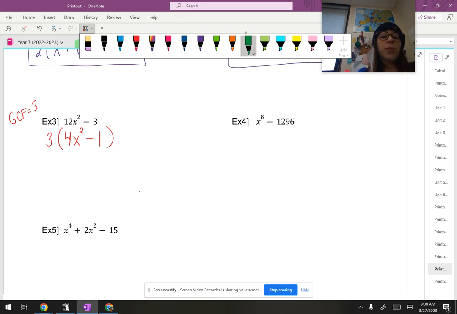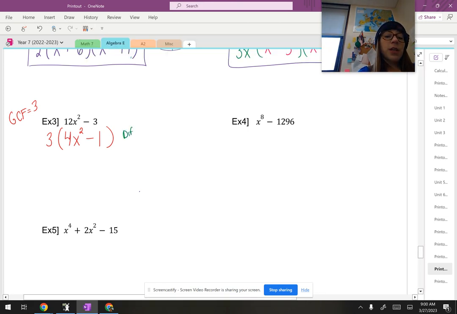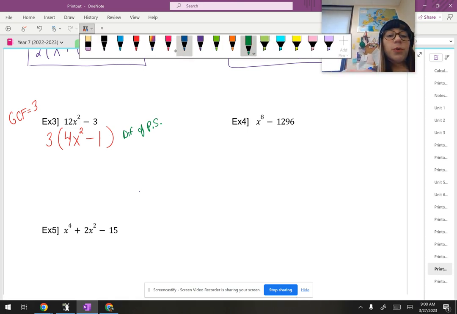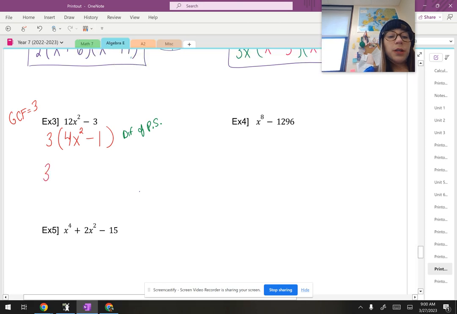This is super important. These are perfect squares. This is a difference of perfect squares. Diff of PS. So when you're doing this, you're square rooting both of those pieces.